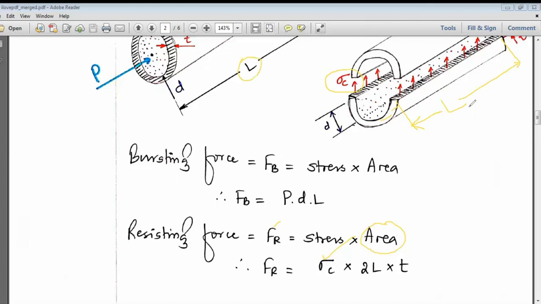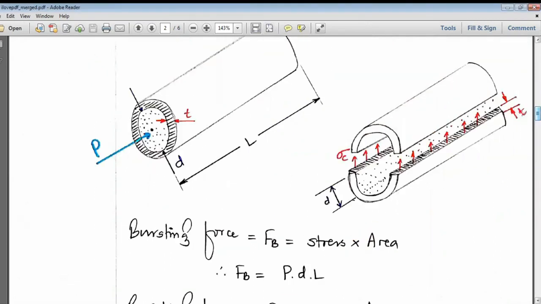L into the thickness of this hatched section, which is T, is the area on which the circumferential stress is acting. But it is not only acting here, it is acting on this side as well as this side. So it is 2 times L into T. That is what I have written here: area is 2 times L into T. You can check here, you have thickness T.